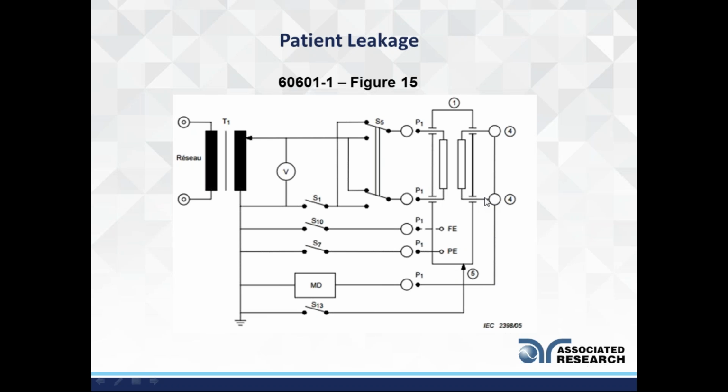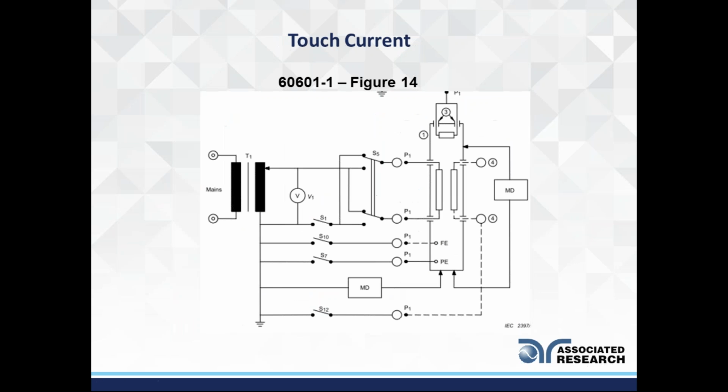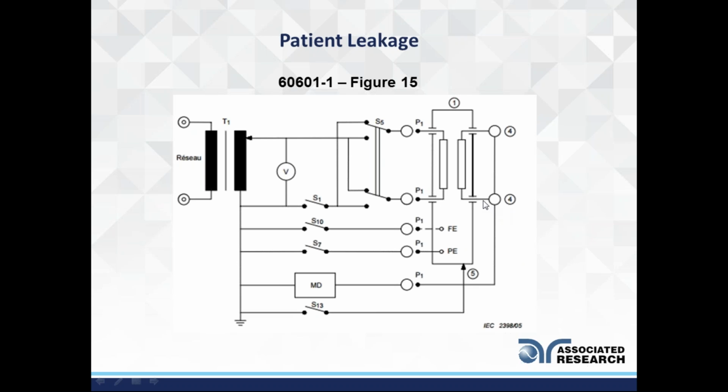So there's no need to change from probe high to probe low, because one side of my measuring device is still referenced to the low side of my DUT input. The only thing that's changed is the location of our probe high, from a touch point to a patient applied part.